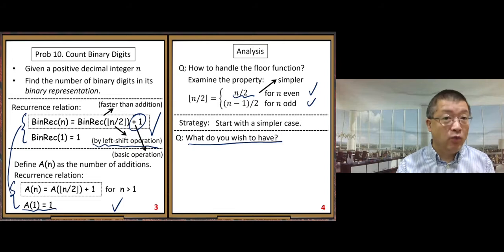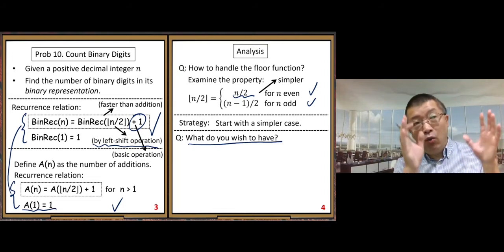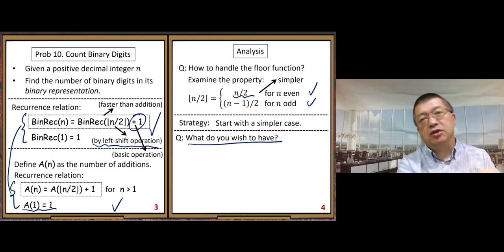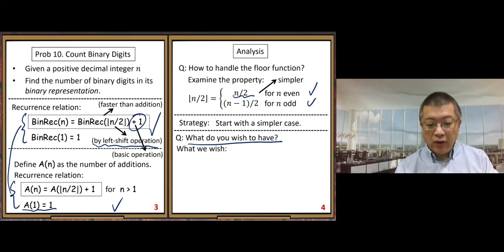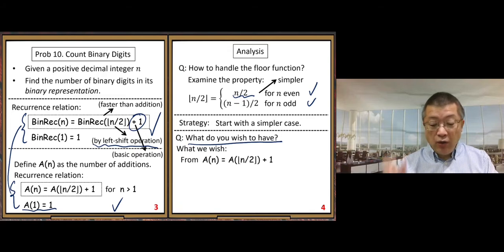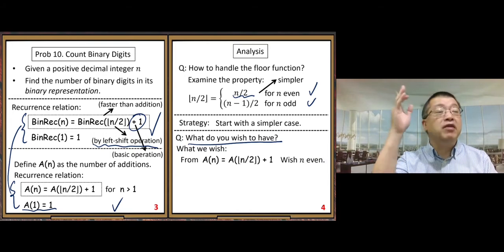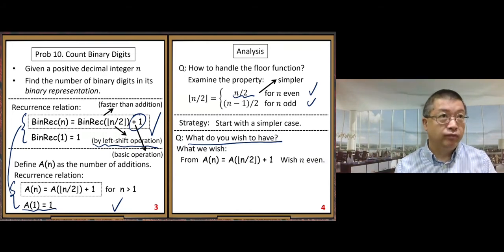So let's look at what we wish when we do the first round division by 2: we make n even. That's our wish.